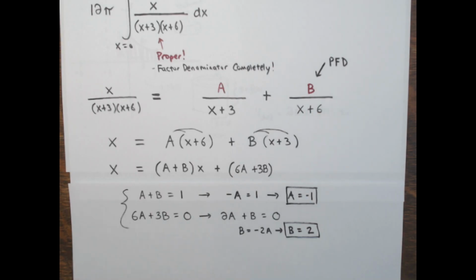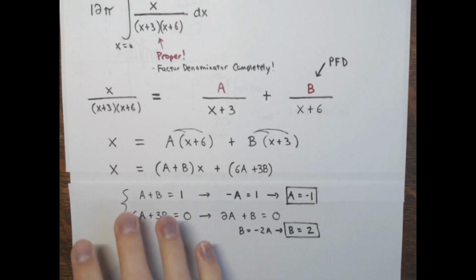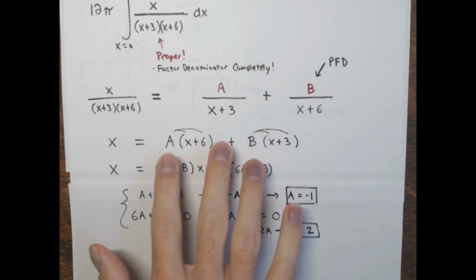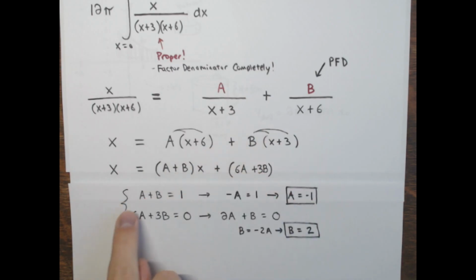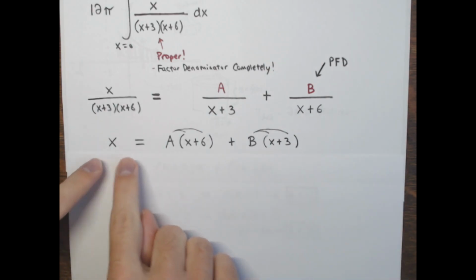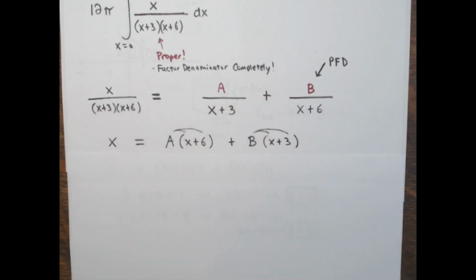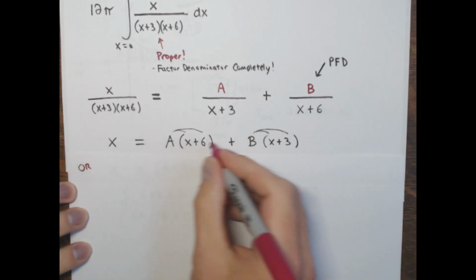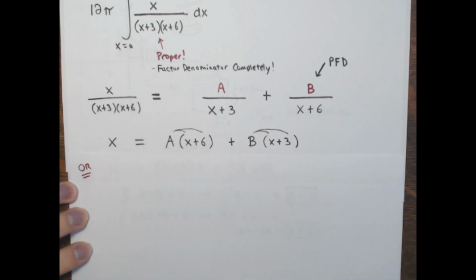Now, another thing you might want to try. So far the last couple examples, when I was doing these partial fraction decompositions and finding the values of the unknown constants, I multiplied everything out and then I equated the coefficients, got a system. Another thing you could try is back up here, after multiplying through by the denominator, we could take this statement we have here and I could just try to find a and b by plugging in.